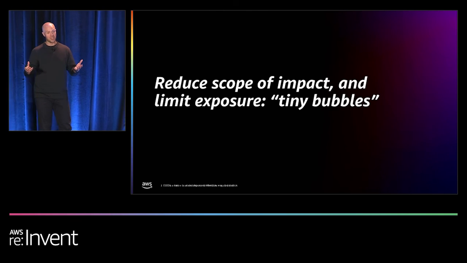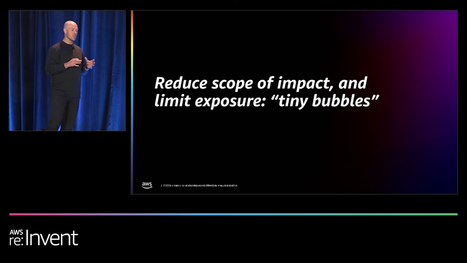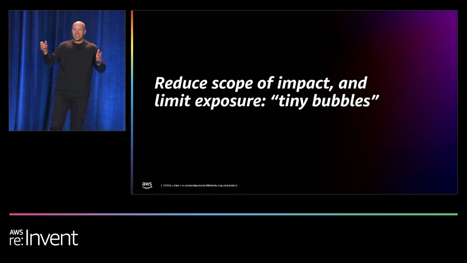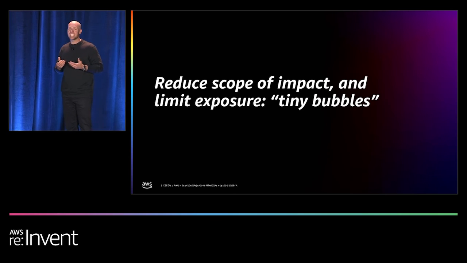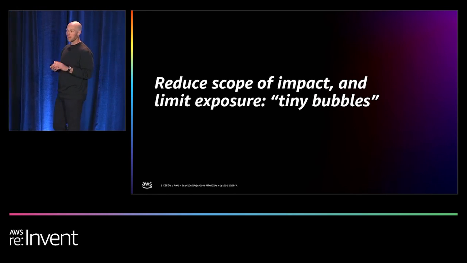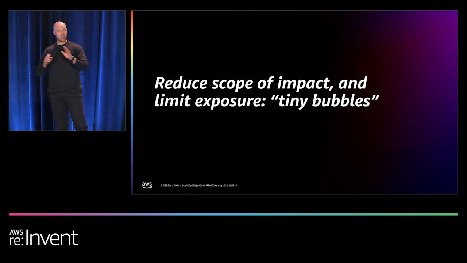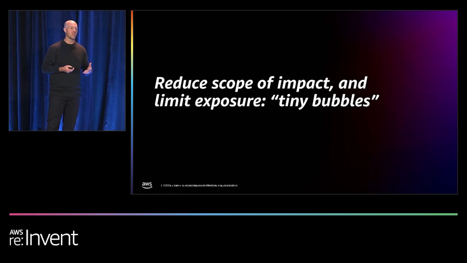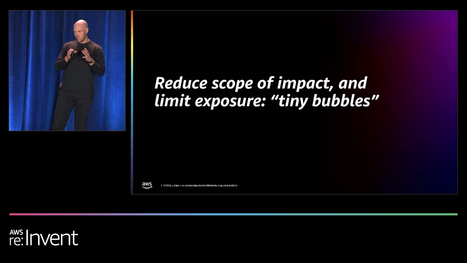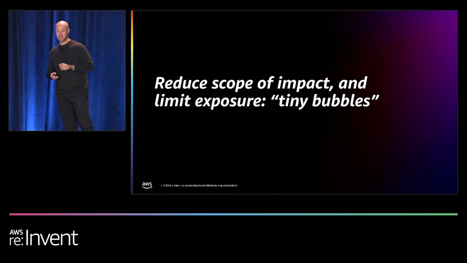And you've got to get your policy right. But if you make these things really, really small and allow star, even though that sounds terrifying, it isn't as terrifying when it's so small. If you get your scoping right, it's a little bit better. I'm not telling you to do allow star. That's definitely not my recommendation. But I'm saying you can think of it that way, where it's easier to understand a smaller scope of impact if you make these things tiny bubbles.